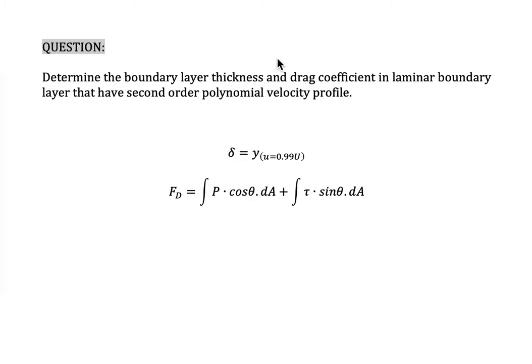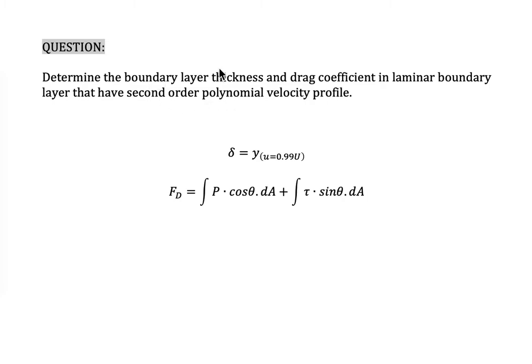From this question, you need to derive the equation for boundary layer thickness and the value of the drag coefficient for a laminar boundary layer that has a second order polynomial velocity profile.